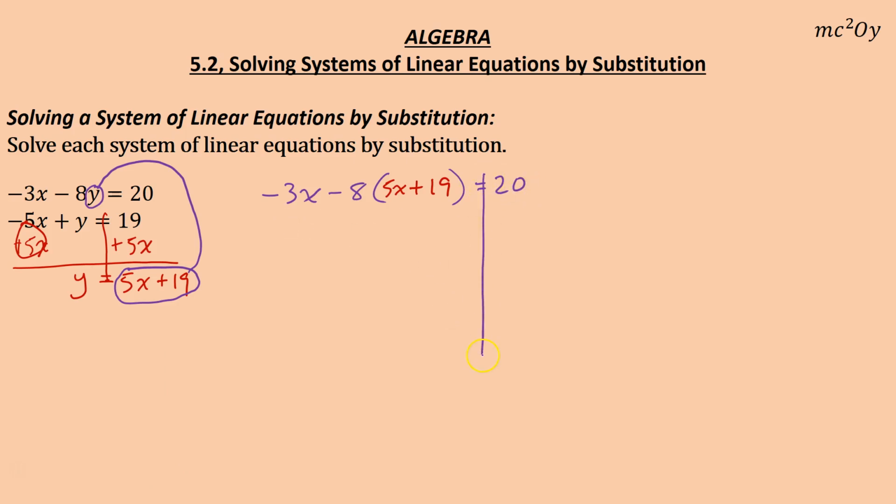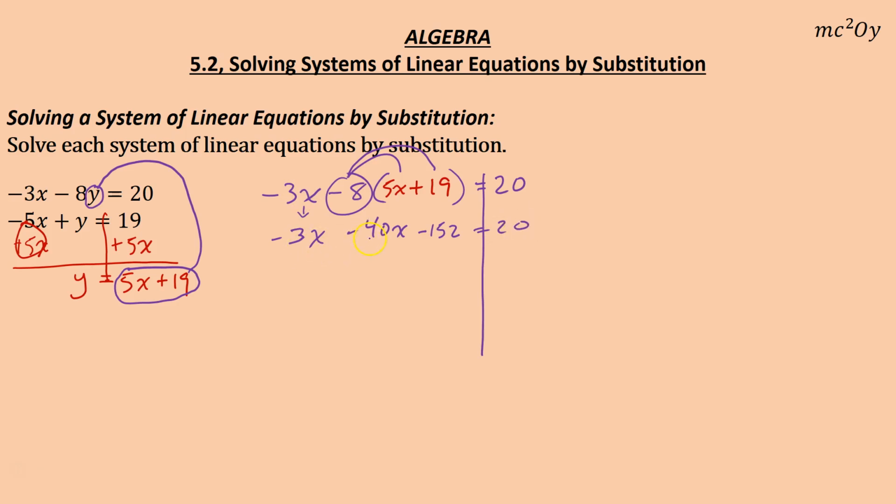So now I can solve for x. Negative 8 times 5 is negative 40x. Negative 8 times 19, well, negative 8 times 20 is negative 160. If I take off an 8, that's negative 152. And then negative 3x will bring down. And all that equals 20.